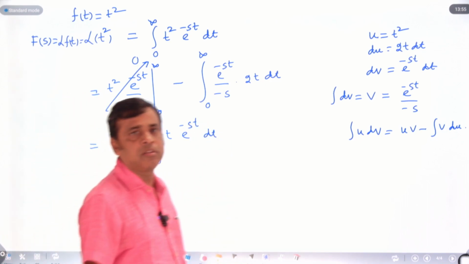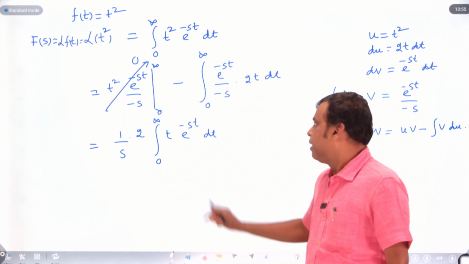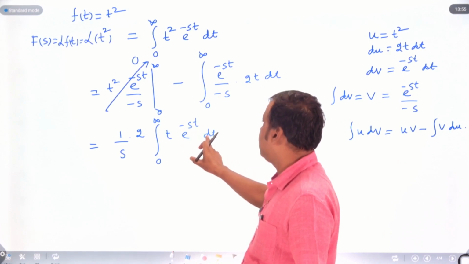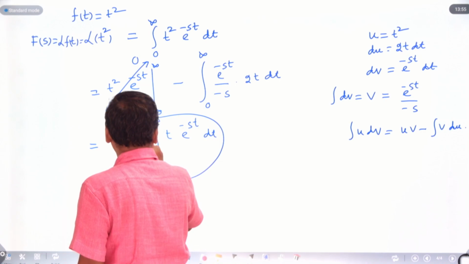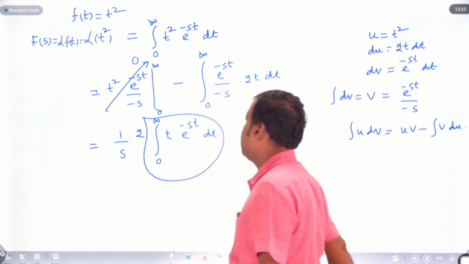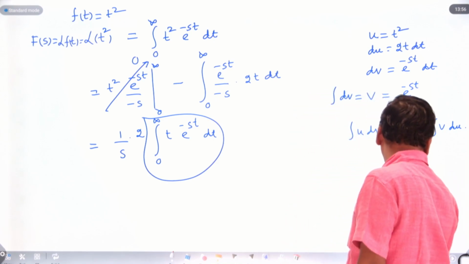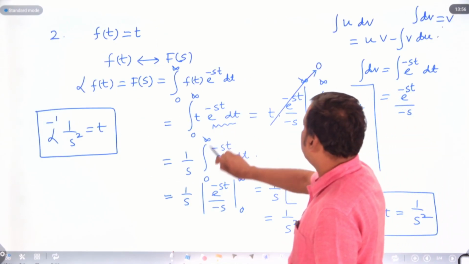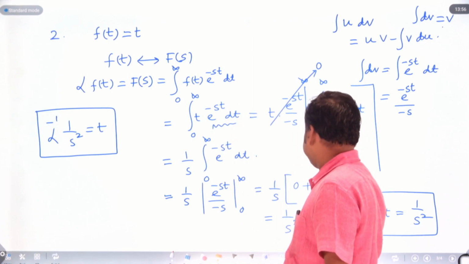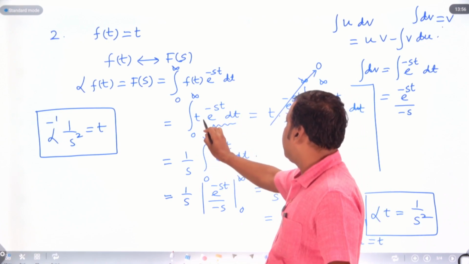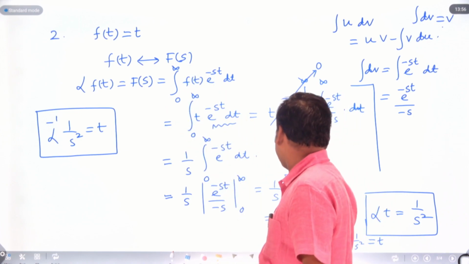In the previous calculation, when f of t equals t, we found the integral of t into e to the power minus st dt. From the previous slide, the integration of t into e to the power minus st dt, that is, the Laplace transform of t, is nothing but 1 by s square.